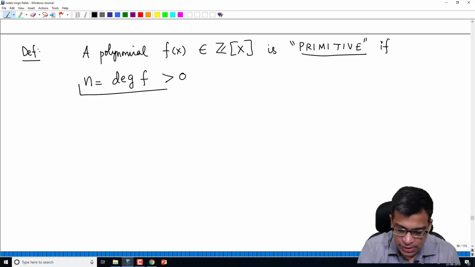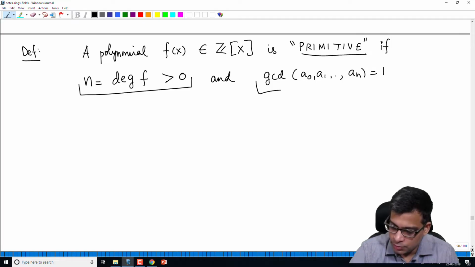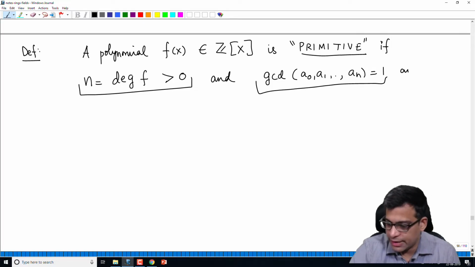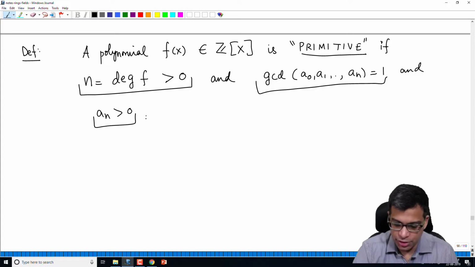So it has properties, really three properties. The first is that the degree is positive. The second is that the GCD of a_1 through a_n is 1, and the third condition is that a_n is positive. What are these a_i's? These are just the coefficients of f.